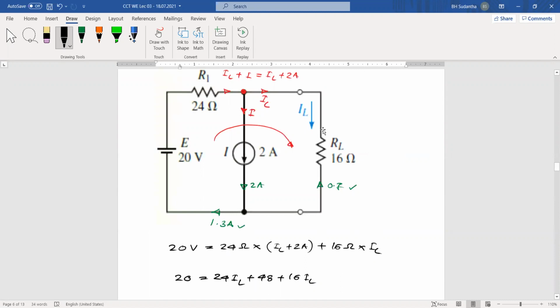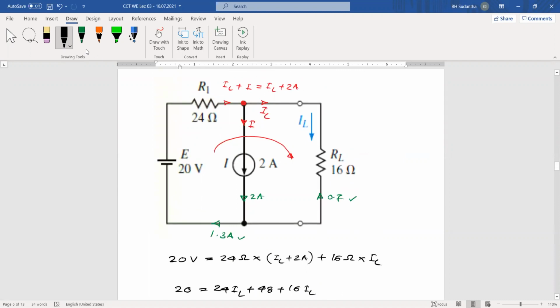You raised a question in the chat about the previous problem: how can we earth these types of circuits? Actually, this side you can consider as earth. This is 0 volts. Okay. The negative side of the battery is 0 volts with respect to this terminal. This one has 20 volts more than that.